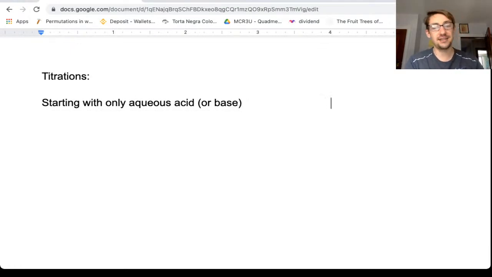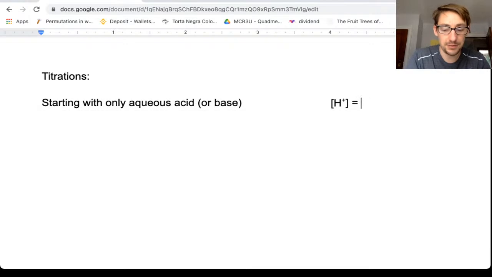You're going to be able to calculate the pH of something like that from regular acid dissociation. Like the concentration of the H plus at that point is probably just the square root of the concentration times the Ka.